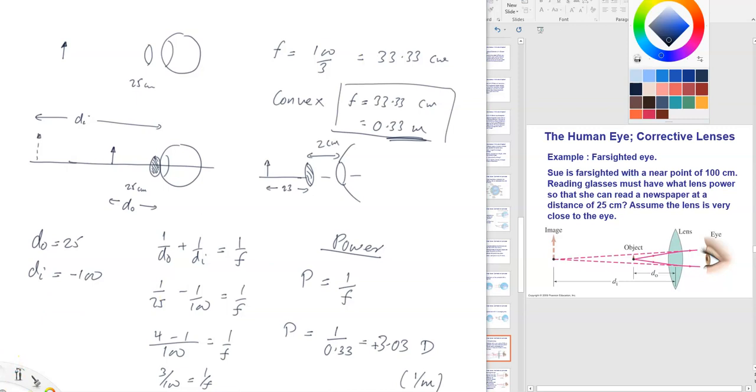Alright, so next question, actually I'm going to give you an example. Let's say there's a nearsighted person, right? The person is nearsighted and the far point is 2 meters. That means pretty much this is the maximum distance the person can see comfortably. The person can read nearby objects, like he can read a book at 25 centimeters, but he can't see things beyond 2 meters.